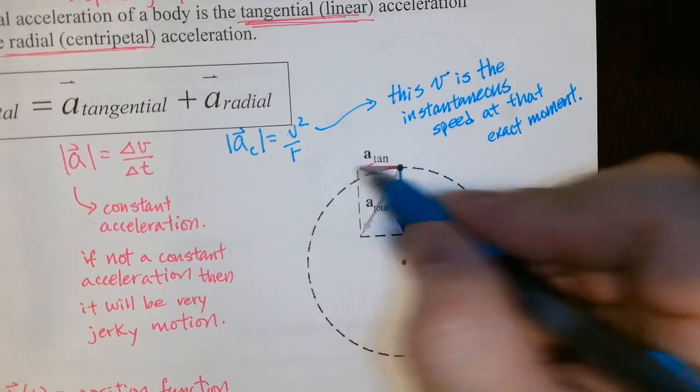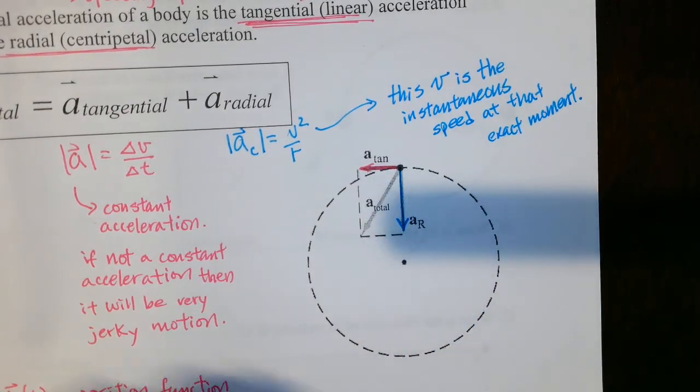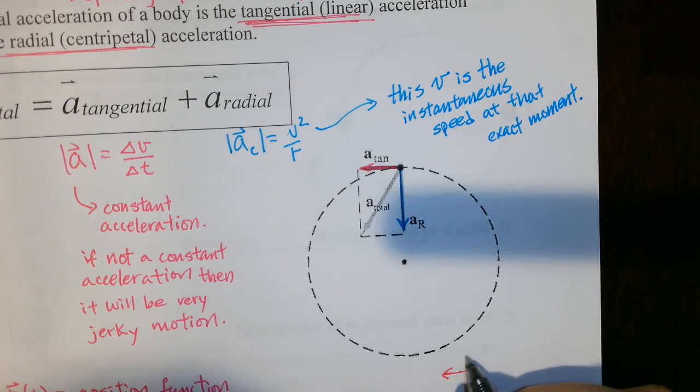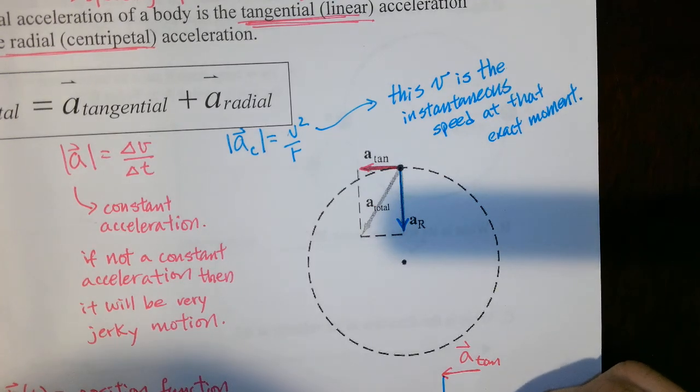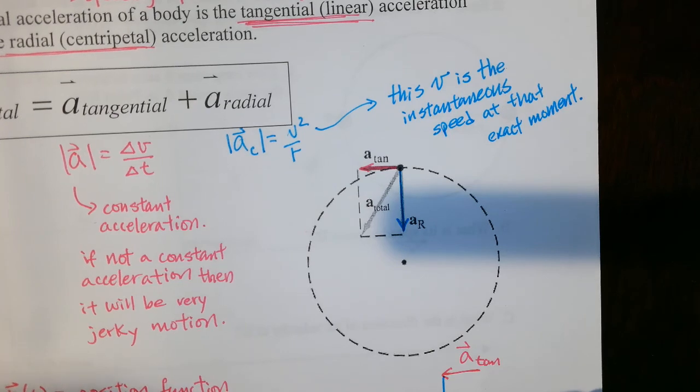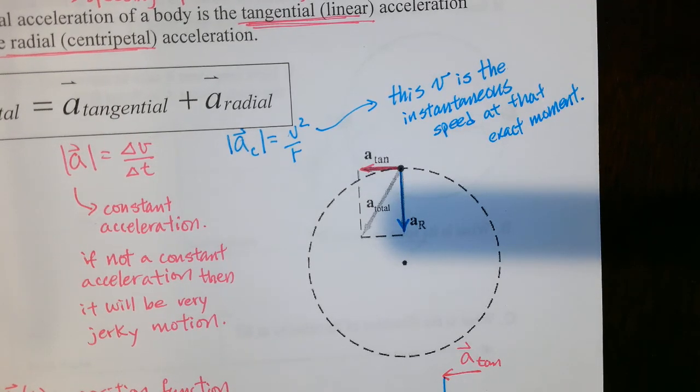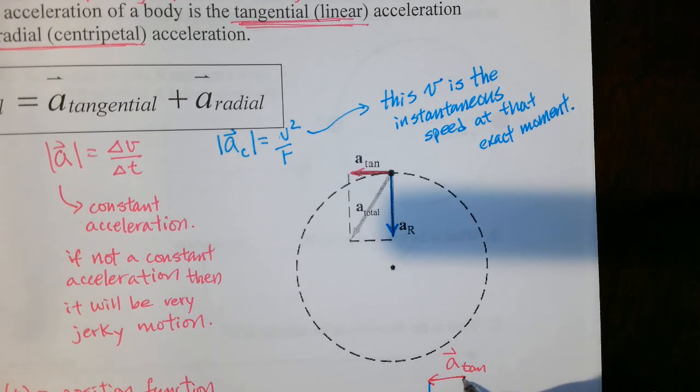So when I combine these two, if I add a tangential plus a radial, I get my total acceleration like so.